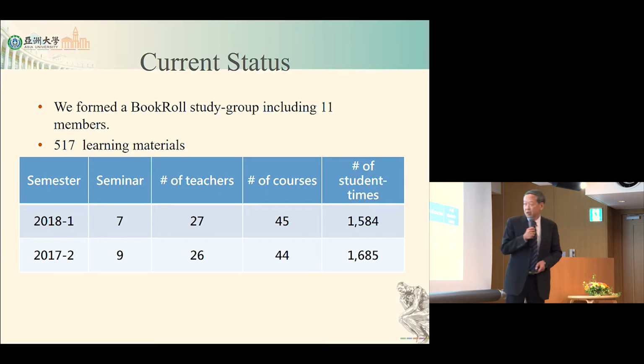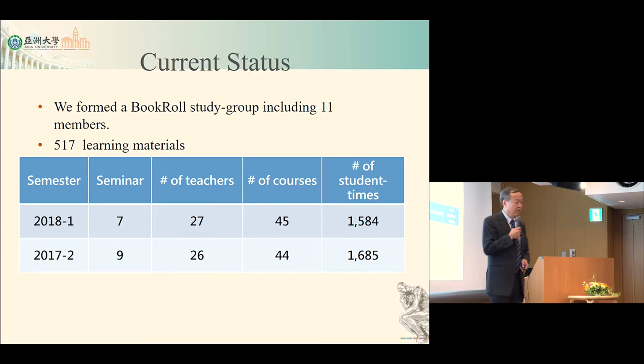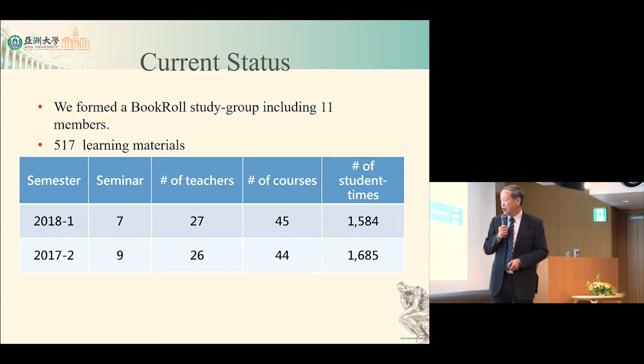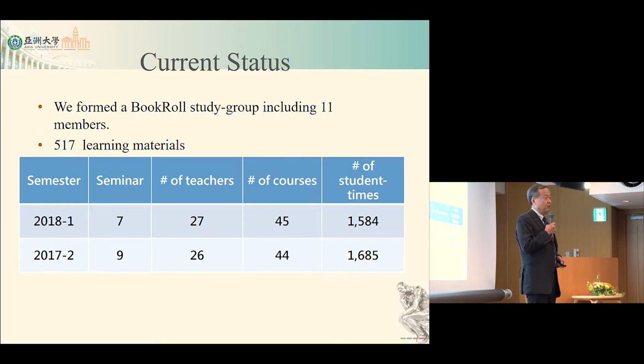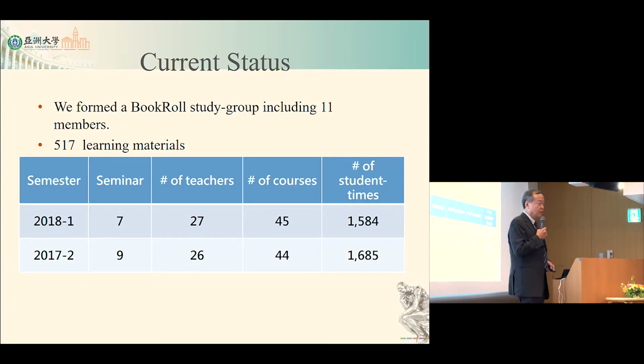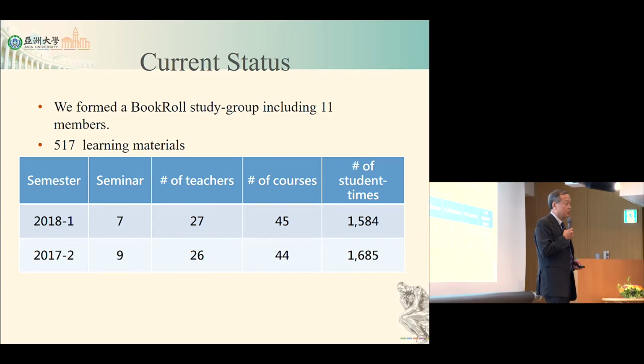For example, in the first semester of the academic year 2018, we have 45 courses taught by 27 teachers. The average number of students participating in the course is about 35%. For the second semester of the academic year 2017, the situation is almost the same.